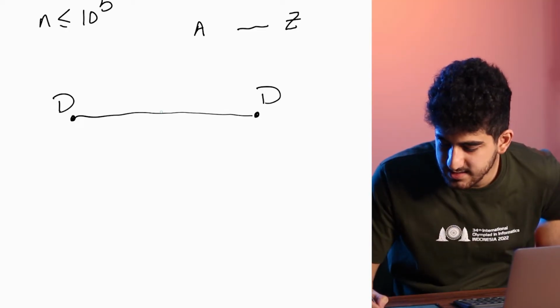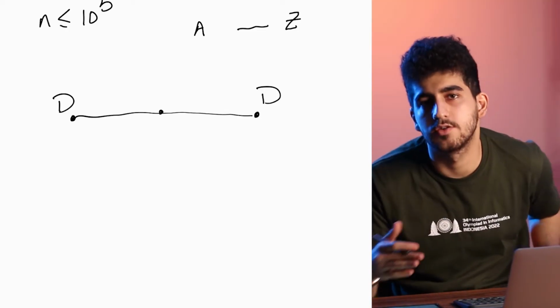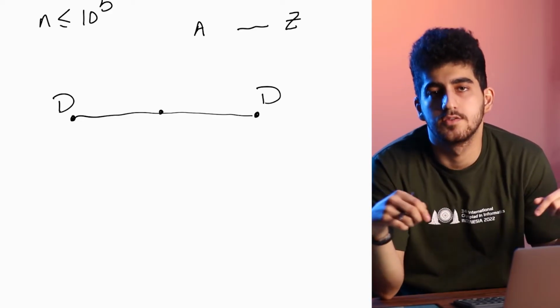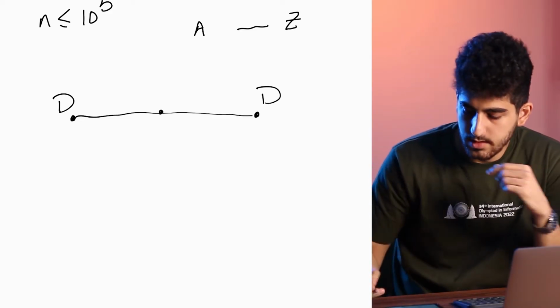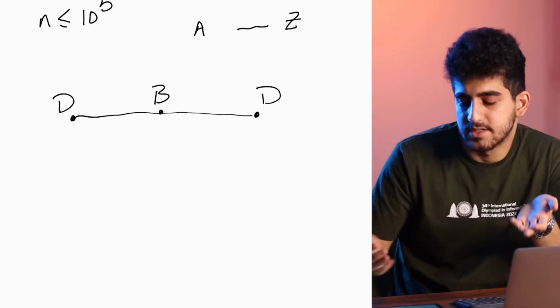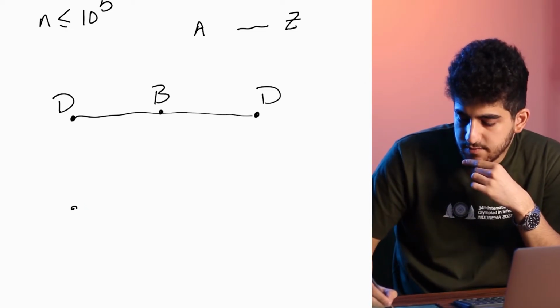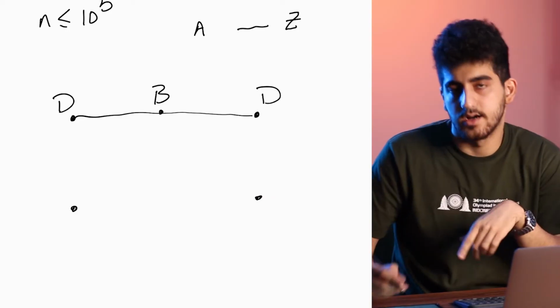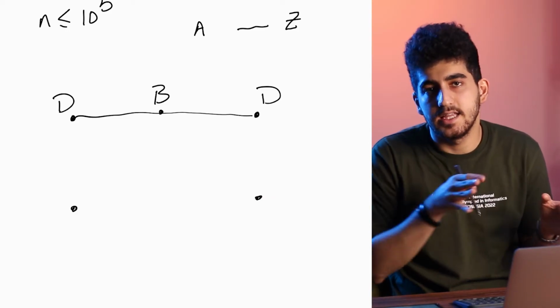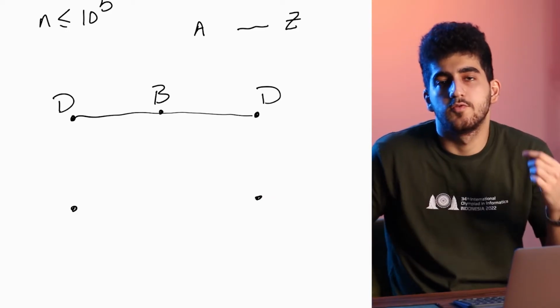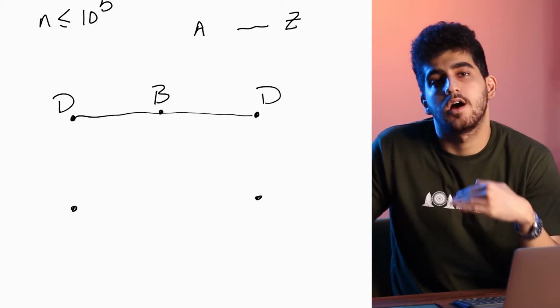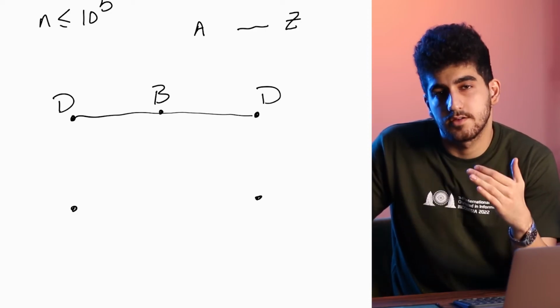So there should be at least one A or B or C in the path between these two vertices. So there should be at least one, for example, B in here. Okay, so the only constraint is that if you have two vertices such that their letter is the same, in the path between them there should be one vertex with a letter with higher priority.